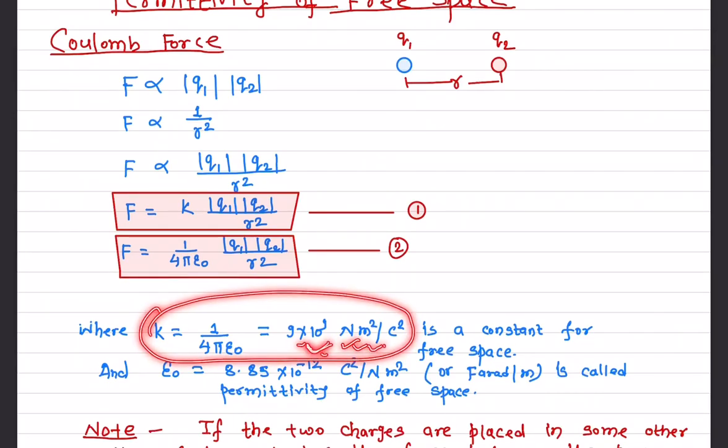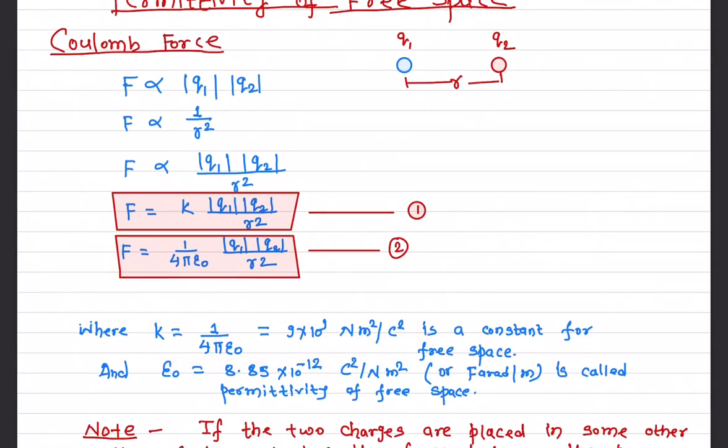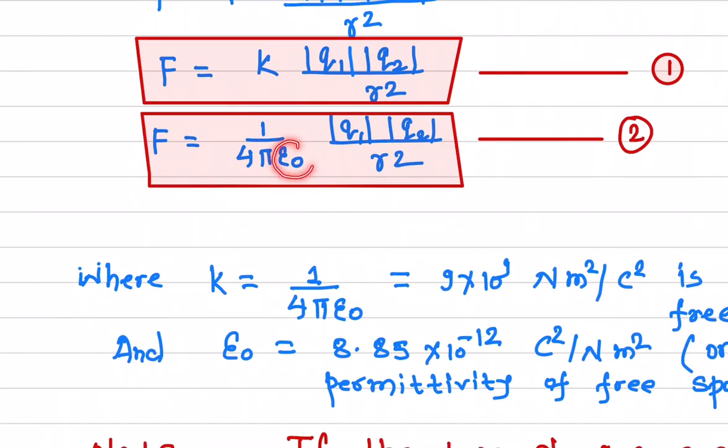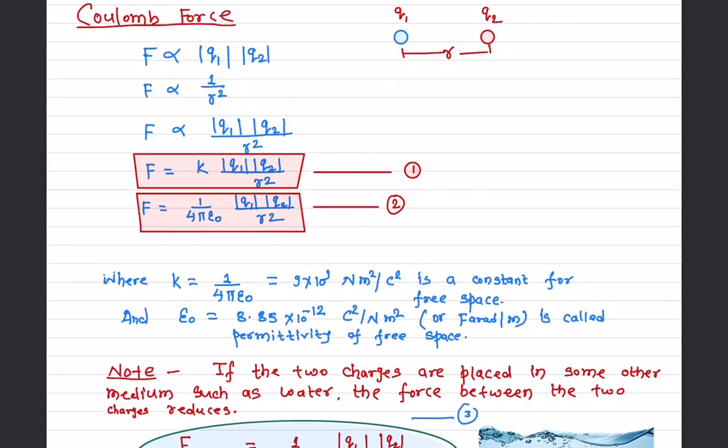The value of K is 9 times 10 to the 9 Newton meter square per Coulomb square, and this is a constant for free space, or for air, or for vacuum. And in this equation, epsilon naught is another constant that is called the permittivity of free space. So this force here is only for air.